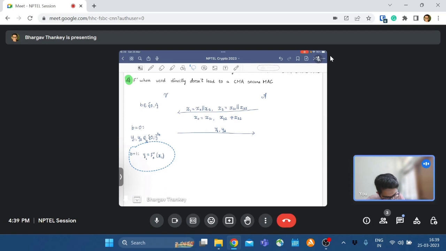And if b is 1, then y1 is f prime k of x1, and y2 is again f prime k of x2.